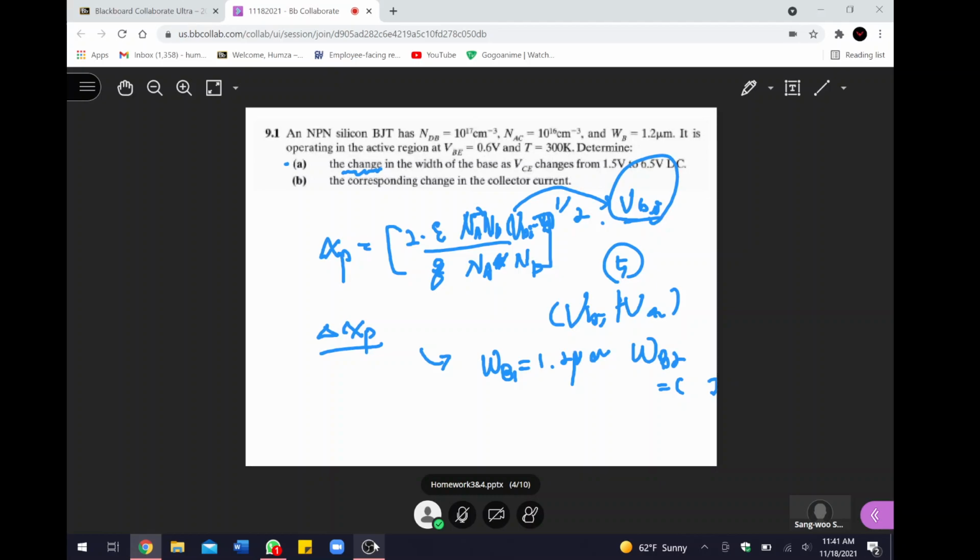So that's going to be this change in the base width. Anyway, the change is going to be this one. So that will answer the first question.